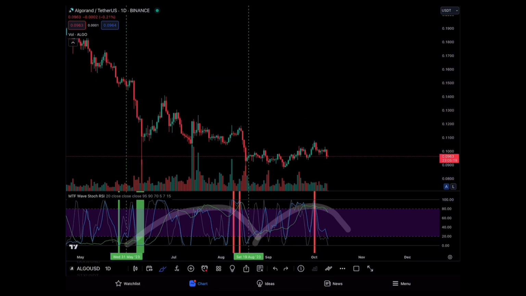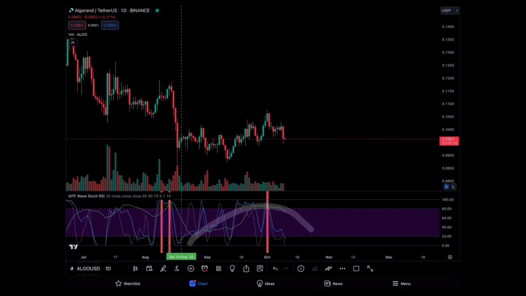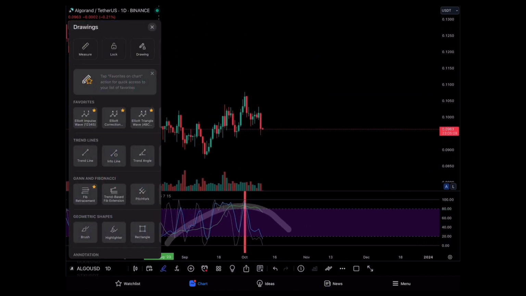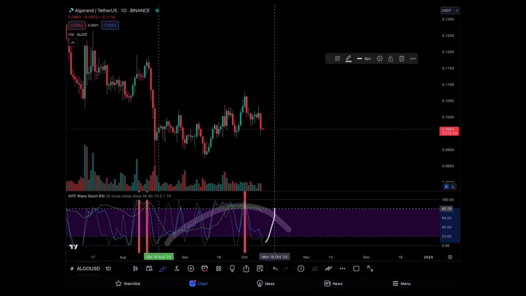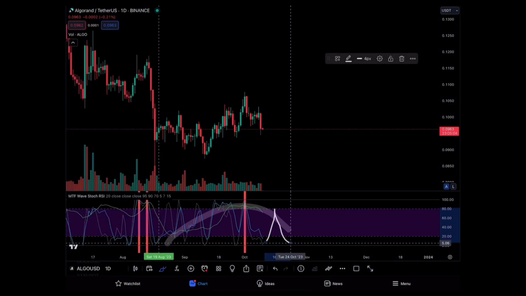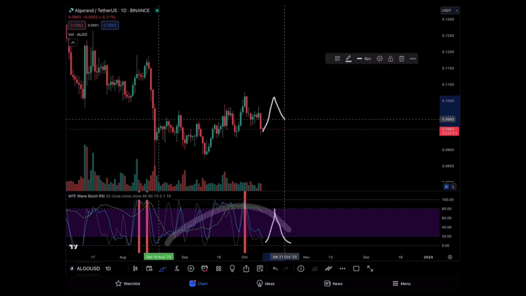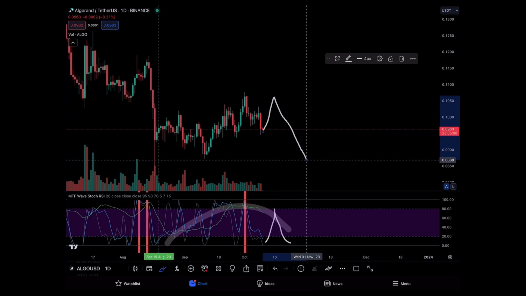So even if you treat those as two waves, you would probably still expect this to do something like that and continue downwards. So probably this is gonna be doing something like this and then going downwards.